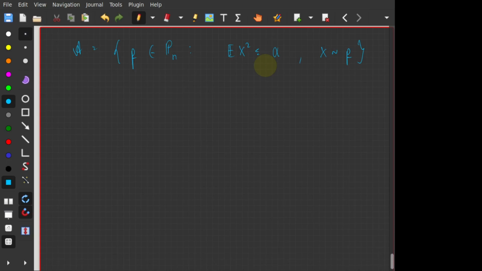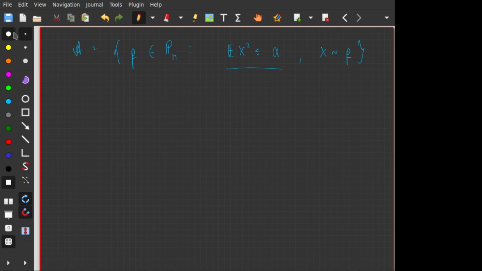So what kind of a constraint is this? Yeah, moment constraint.